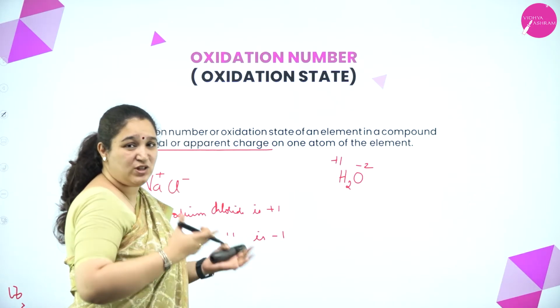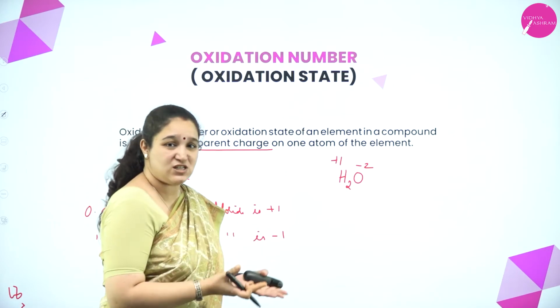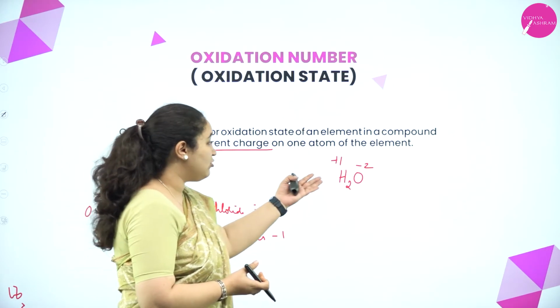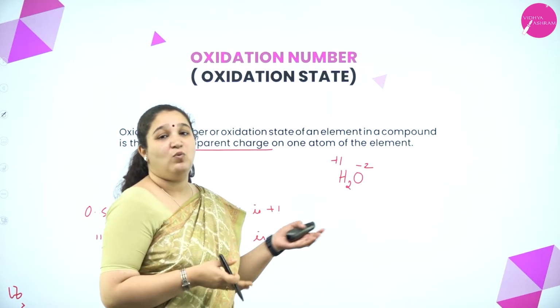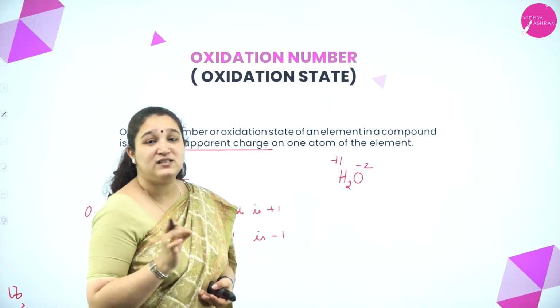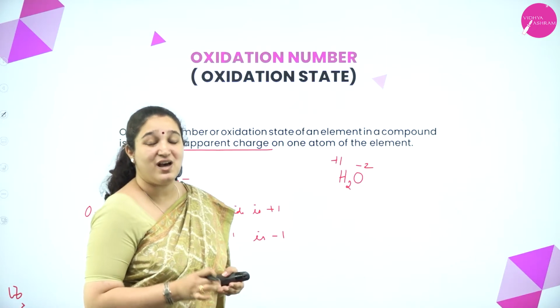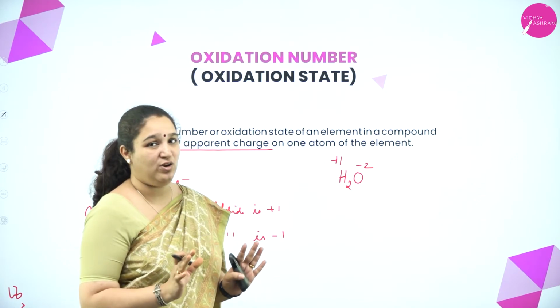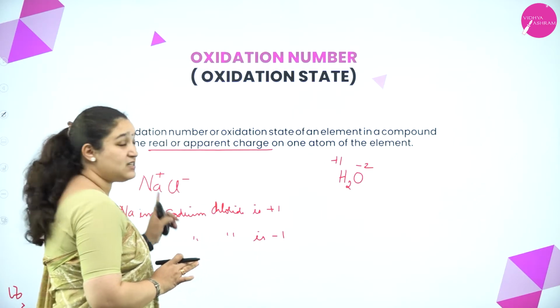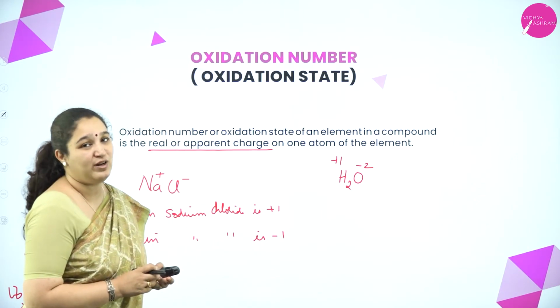Apparent charge means actually the charge is not there, but I can give a charge like that. So hydrogen has +1 charge and oxygen has -2 charge in water. They are apparent charges, not real charges. We are writing it, that's all. Actually, it's not an ionic compound. Real charges usually will be in the ionic compounds.